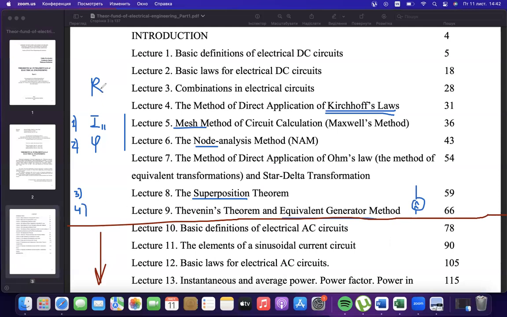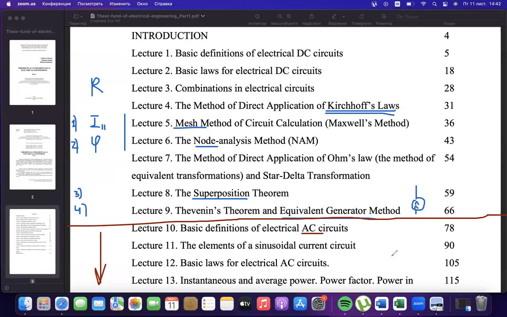Everything will stay valid with some transformation, but generally everything stays the same.